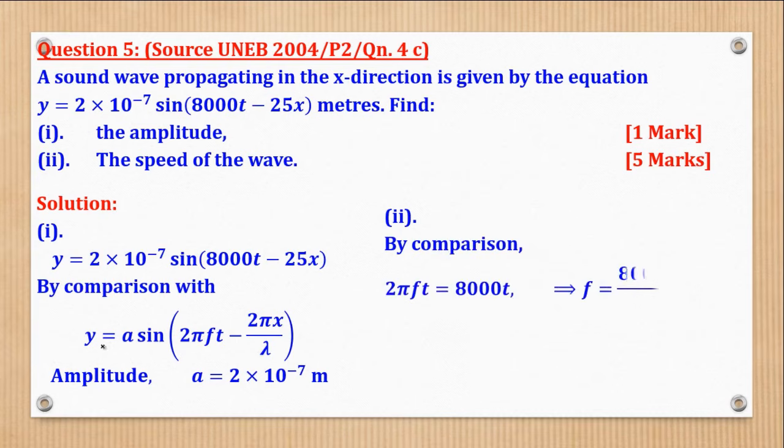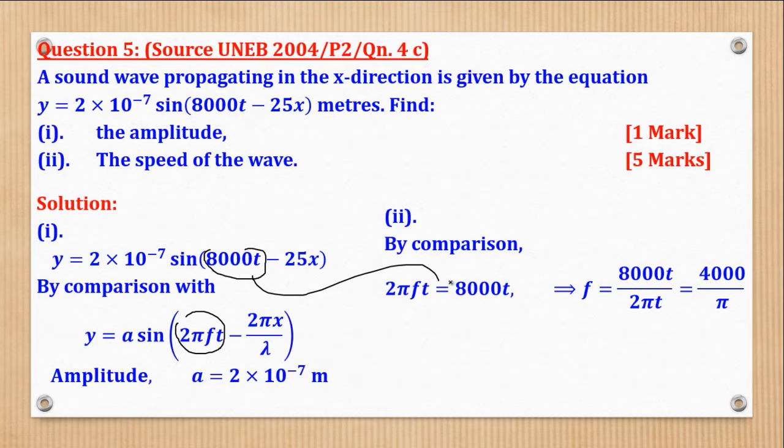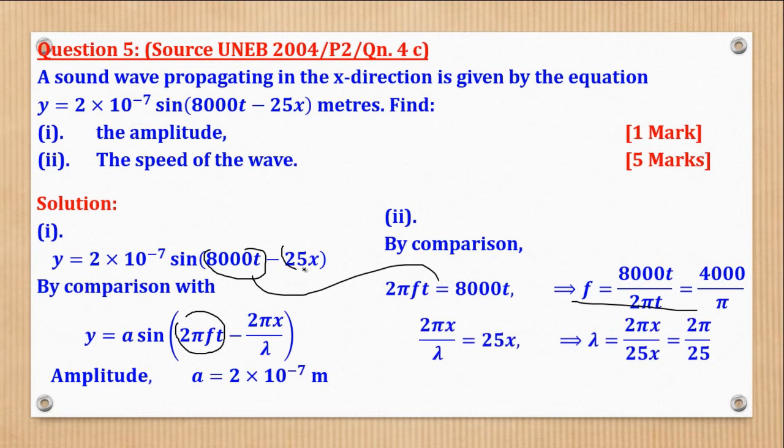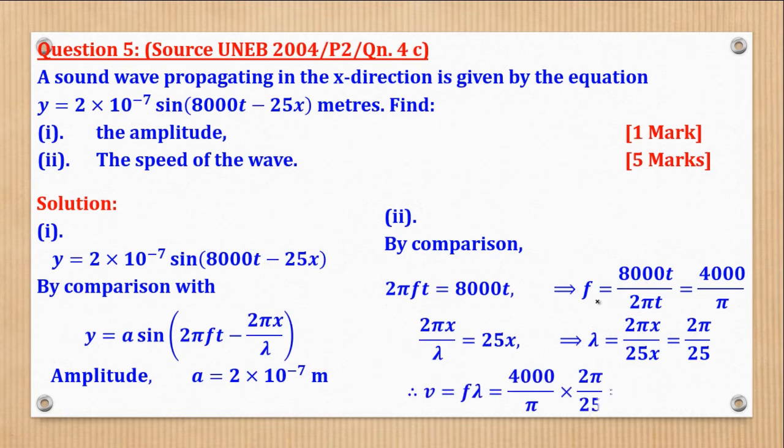By comparison, the whole of this is equal to the whole of this. So I'll equate the two and make f the subject. Then also by comparison, this is equal to this. So I'll equate them and get the value of wavelength. Now that I have frequency and wavelength, I can get the speed they wanted.